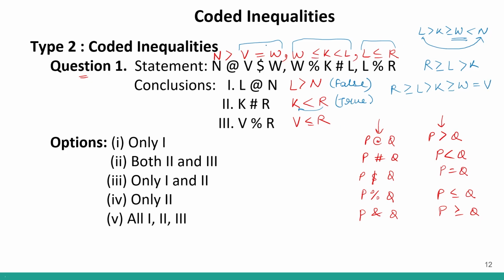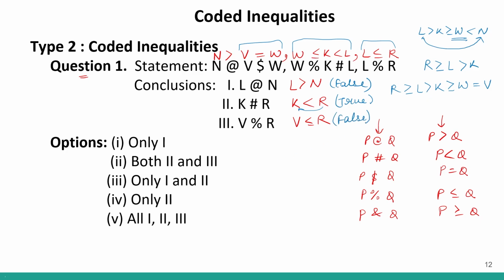This is the relationship. Now we have to tell whether R is greater than or equal to V. So R is greater than or equal to L. But over here the sign has changed. This sign is greater than, not greater than or equal to. If this would have been like this, then I could conclude, okay, R is greater than or equal to V, but this sign is like this. Therefore, this is also false.